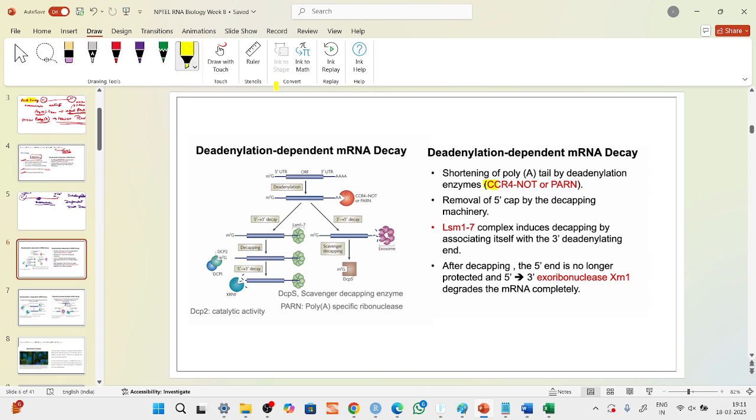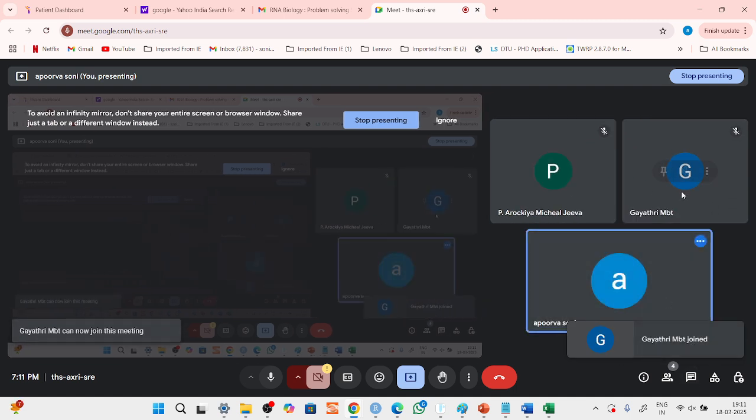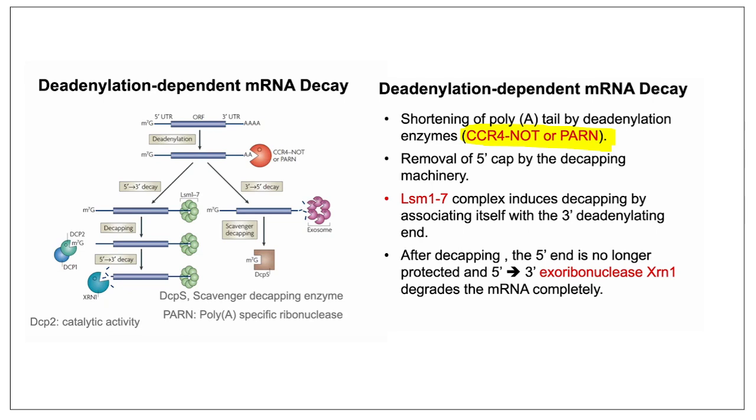This is the name of those deadenylation enzymes. You see here, this is your mRNA. This is the 5' UTR and this is the 3' UTR.